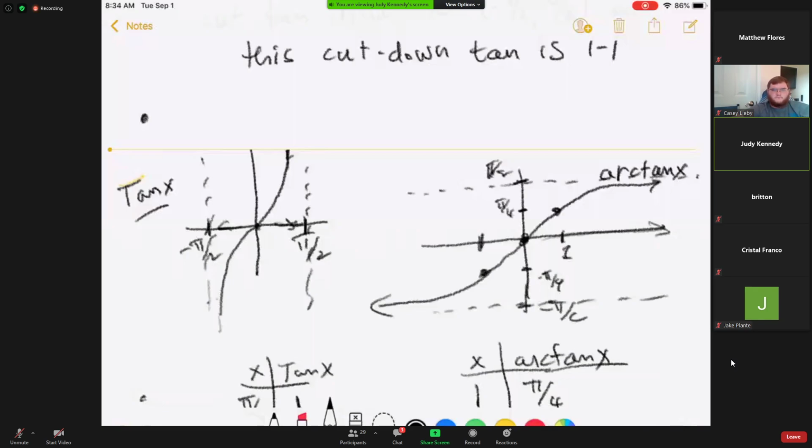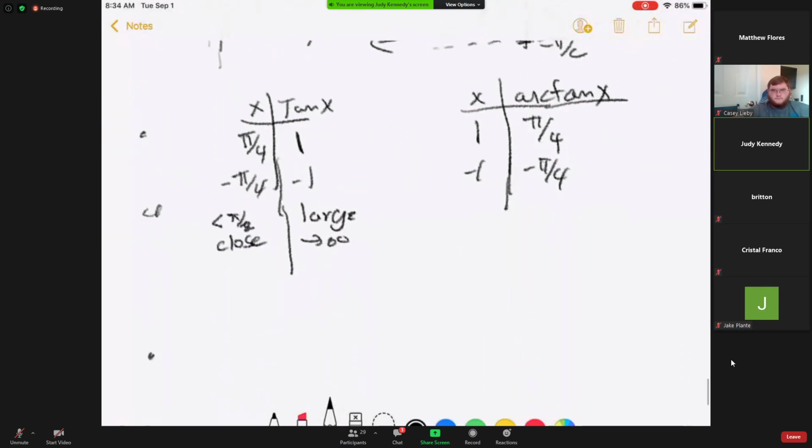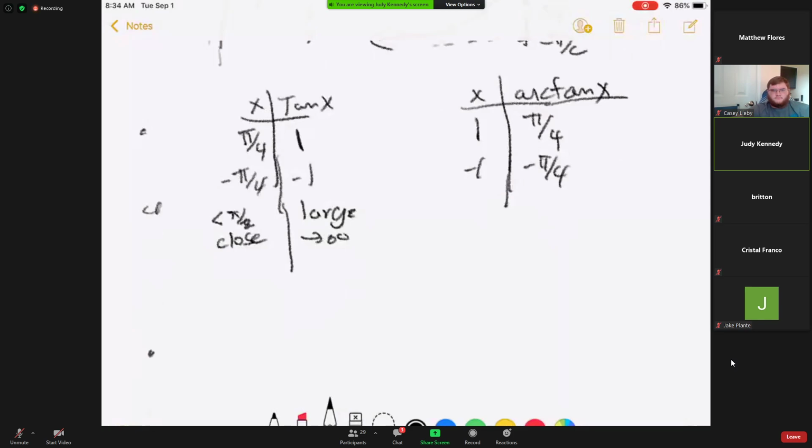But that one has 2 different horizontal asymptotes. It's got y equal to pi over 2. The limit as x approaches infinity of the arctangent of x is equal to pi over 2. So that is a horizontal asymptote.